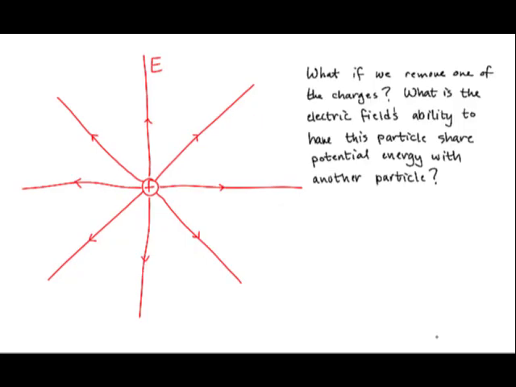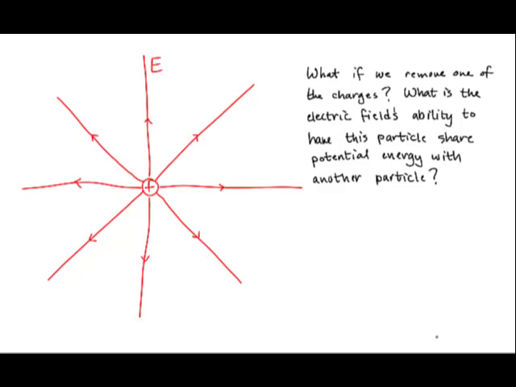What if we remove one of the charges? What is the electric field's ability to have this positive particle share potential energy with another particle? Well, this particle still has an electric field. It doesn't lose its ability to store energy as long as there can be another charge in its presence.